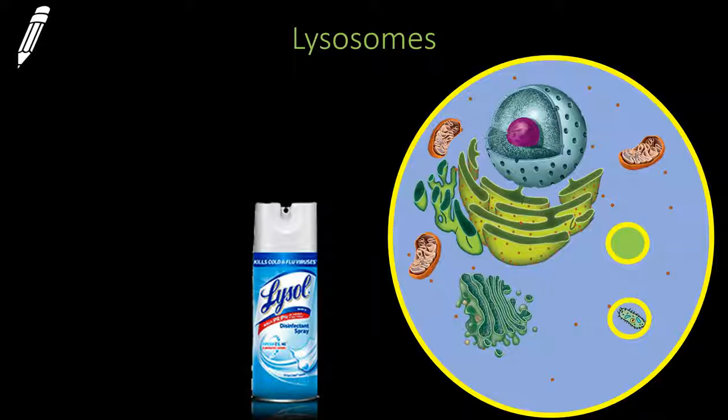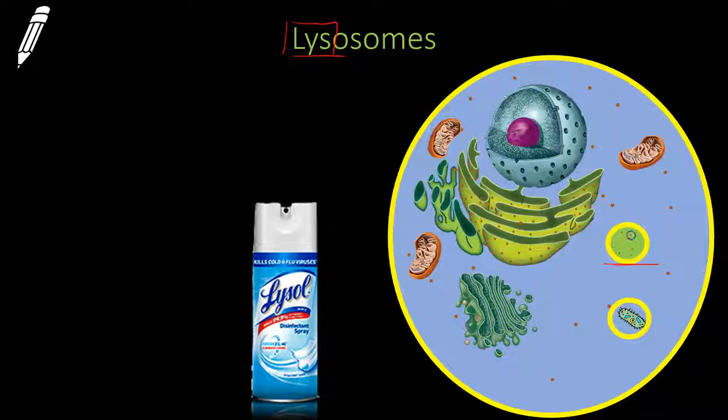Next we have lysosomes. And we've seen this prefix before, lys or lysis. What does that root mean? Lysis. That means to split or break apart. So inside of our cells, we have these packages right here. It's a lysosome. And it has a membrane, just like our cells do. But inside of the lysosome, we have these digestive enzymes.